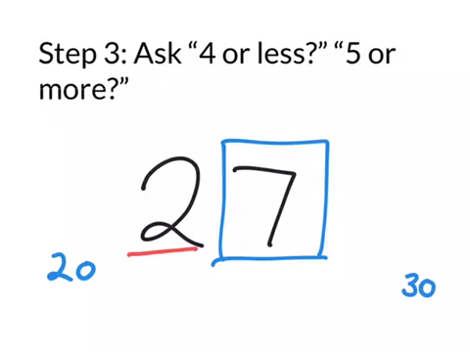Then you say, well, 7, is that 4 or less, or is that 5 or more? 7 is definitely going to fall under the 5 or more question because 7 is greater than 5. So when it's 5 or more, you raise the score and go to the next 10. So if we wanted to round 27 to the nearest 10, the answer would be 30.